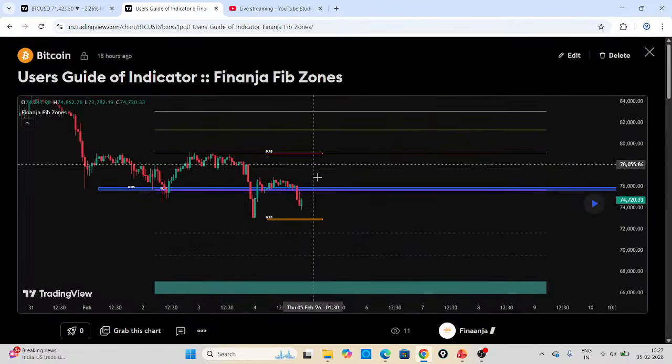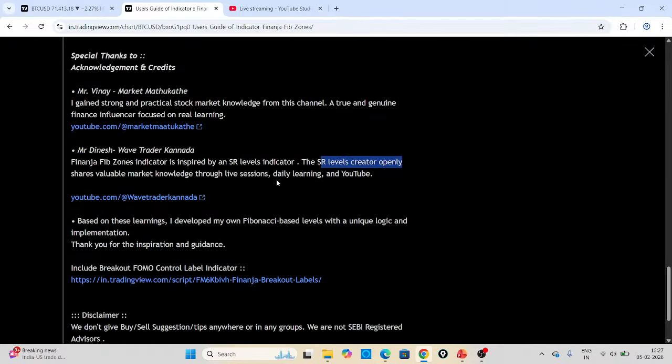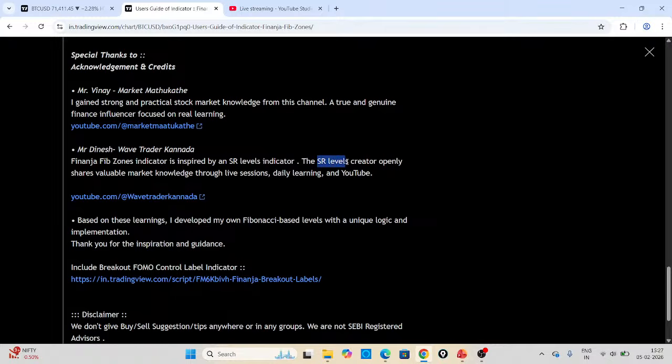These Fibonacci levels are totally different from the SR levels, but this is inspired by the methods they follow. My levels are different. I would like to openly mention that, frankly speaking, I learned a lot of share market knowledge from this person, so I would like to credit him also.